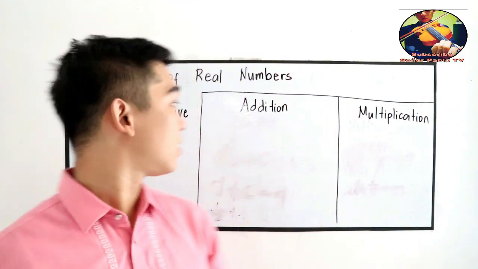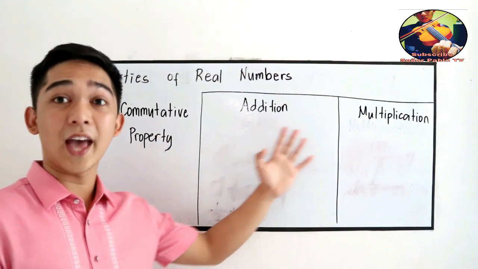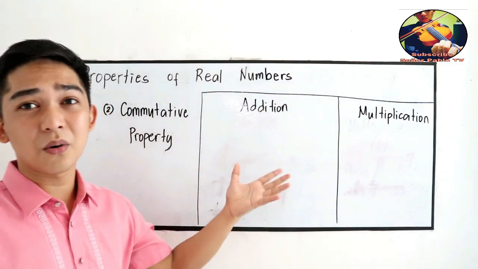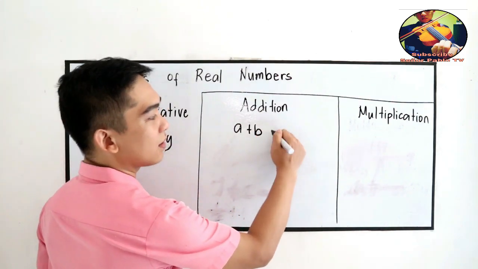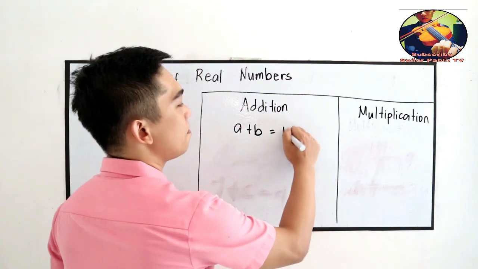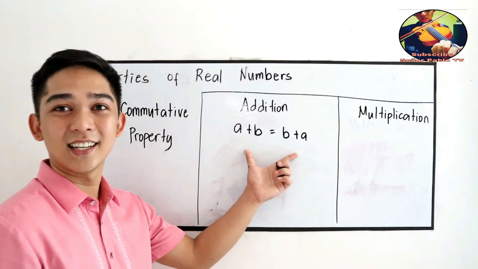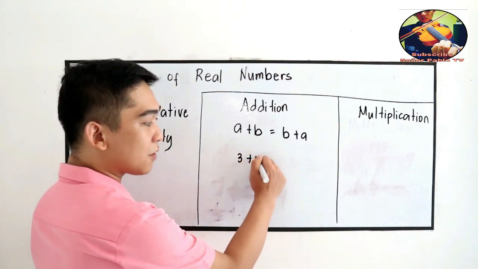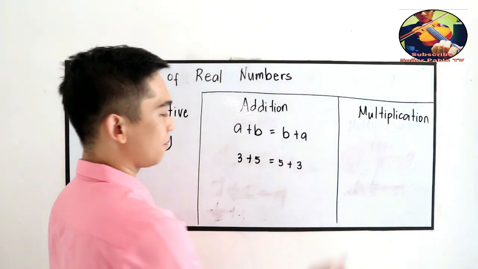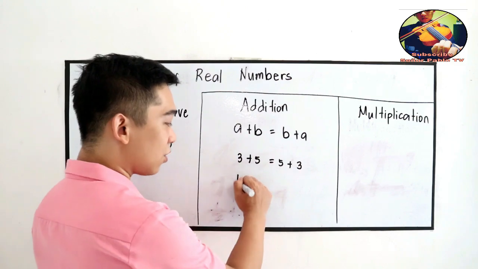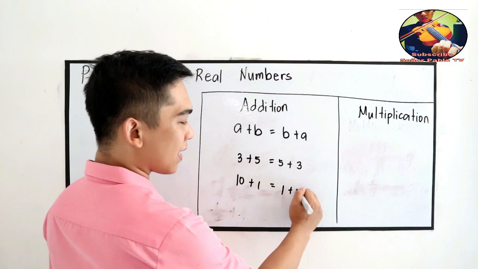Our next property is the commutative property of addition and multiplication. This is the easiest of all. If we have A plus B, that is equal to B plus A. This is our most fundamental. So 3 plus 5 is equal to 5 plus 3. 10 plus 1 is also equal to 1 plus 10.